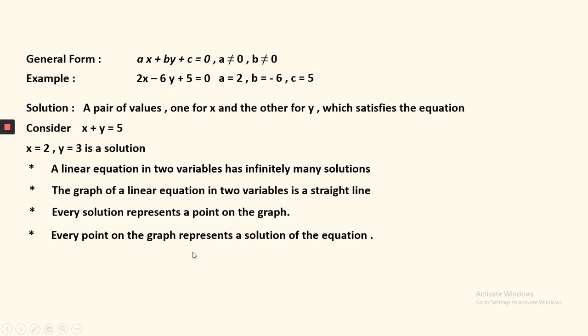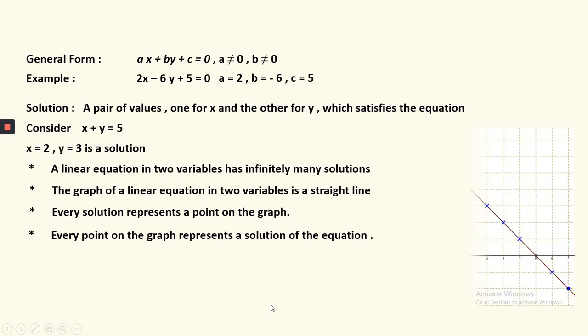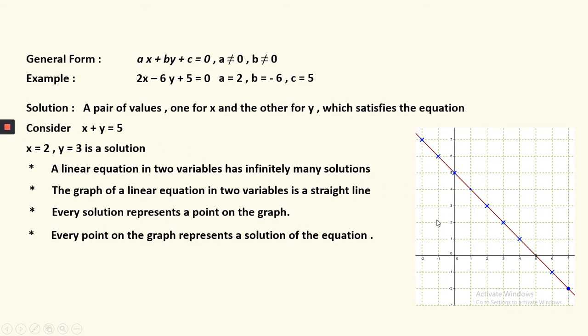Also, you take any point on the graph, that will definitely be a solution of this equation. We can see that with the help of a graph. This is actually the graph of the equation x plus y is equal to 5.